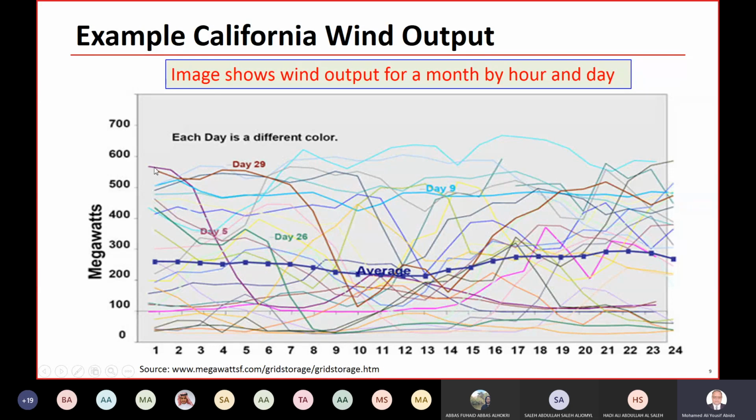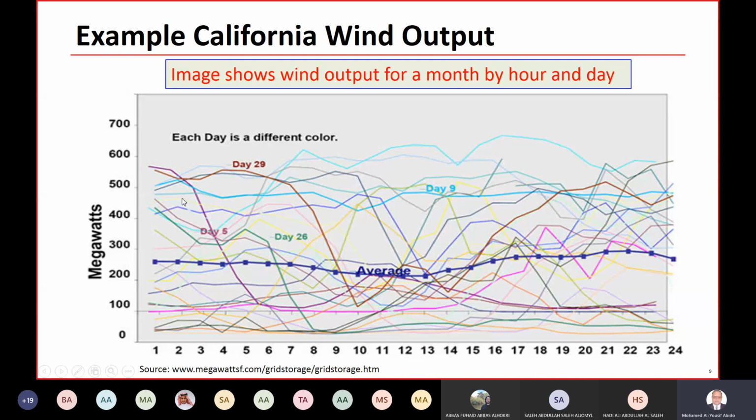For example, this one starts very nicely at the beginning, and then within 1 hour you can see how much it changes from 600 megawatt output to almost 100 megawatt. So this is a very problematic issue for the power system operator.